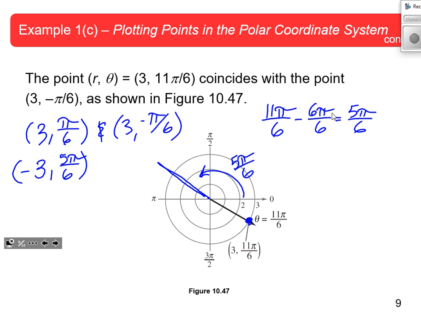Yeah, because we can change the sign. Because this here would be a positive 3. This here is a negative 3. Which means we also have negative 3 comma. Well, I can subtract it from 2 pi, which would give me negative. There's 1 would give me pi, 6. And then I would need 6, so negative.